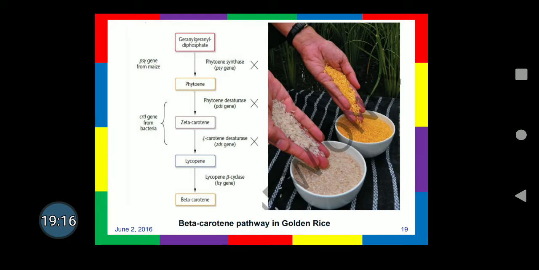Then zeta carotene desaturase converts it into lycopene. Then lycopene beta cyclase converts it into beta carotene. This is the beta carotene pathway in the golden rice, where we can see the color of the rice. One is in the normal color, another one is in the golden color, hence it is called golden rice.